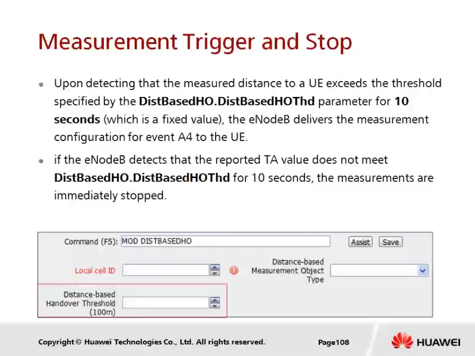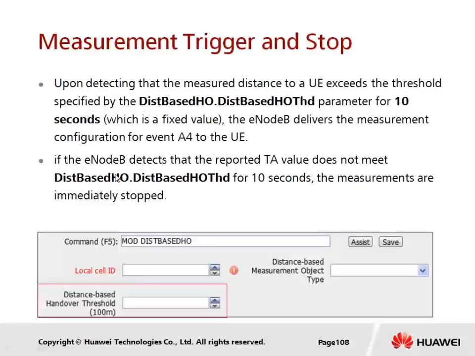The measurement will start when the distance of the user exceeds a threshold which has been defined by this parameter, the distance-based handover threshold, for 10 seconds. Then the user enters the measurement gap, and the user delivers the measurement result following the event A4 criteria.